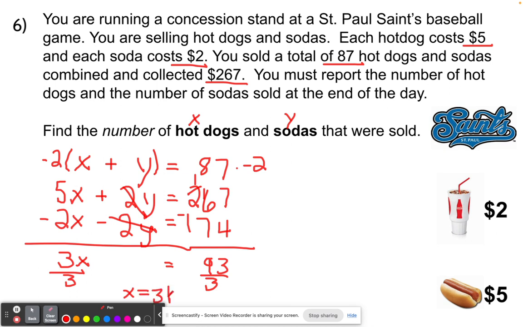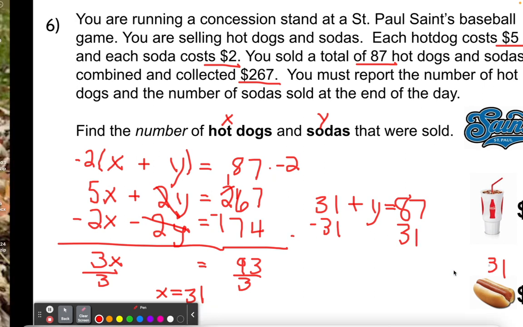Now to solve for y, it's easiest to use this top equation because I know my 31, my hot dogs, plus my sodas equals 87. So just subtract 31 from both sides, and I will have my number of sodas being 56.